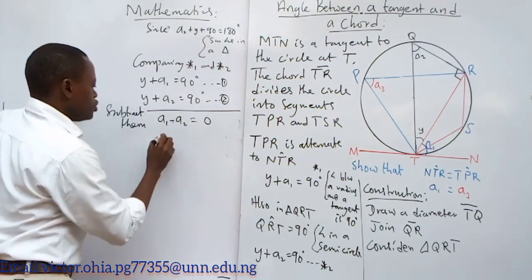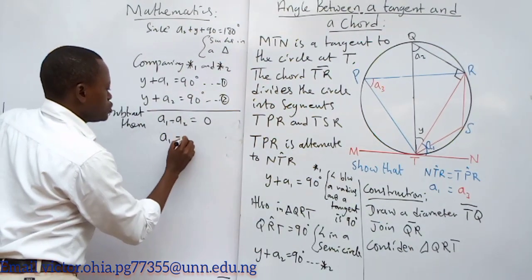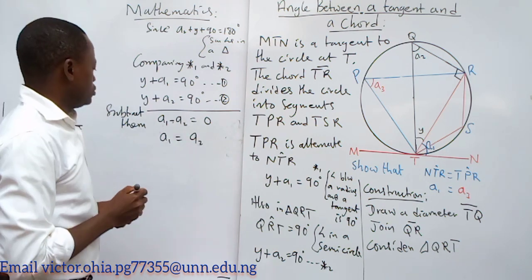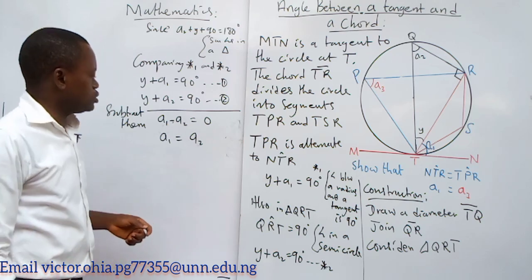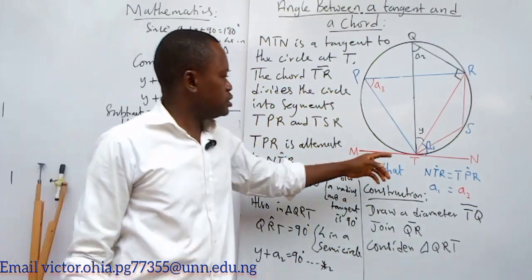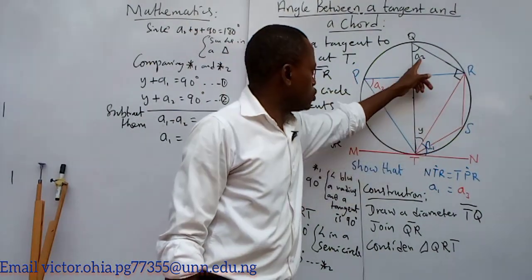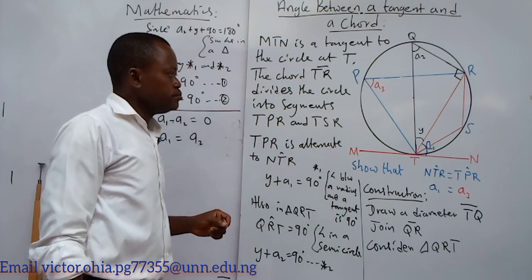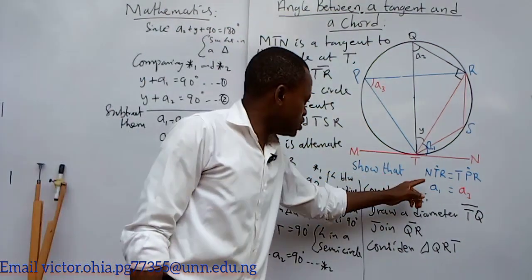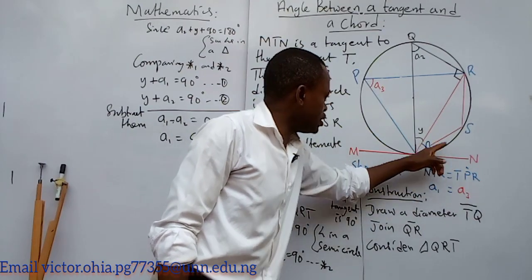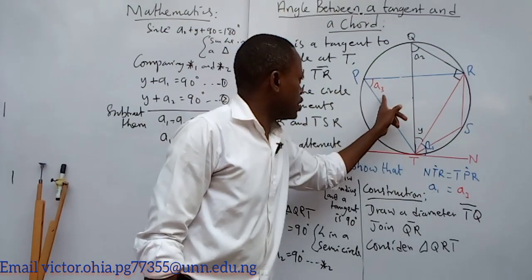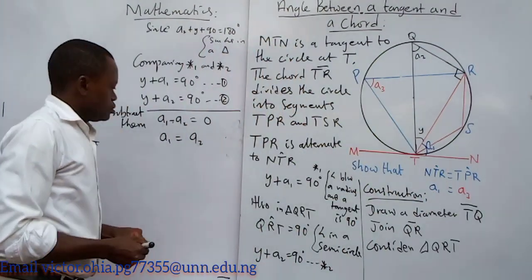Now, can you see from here that a1 is equals to a2? Wow! a1 is equals to a2. Can we see that? It then means that this angle here is equals to this angle here. That's not the conclusion yet, because what we're trying to say is that NTR, this angle A1 is equals to TPR, that is A3. Okay, right.